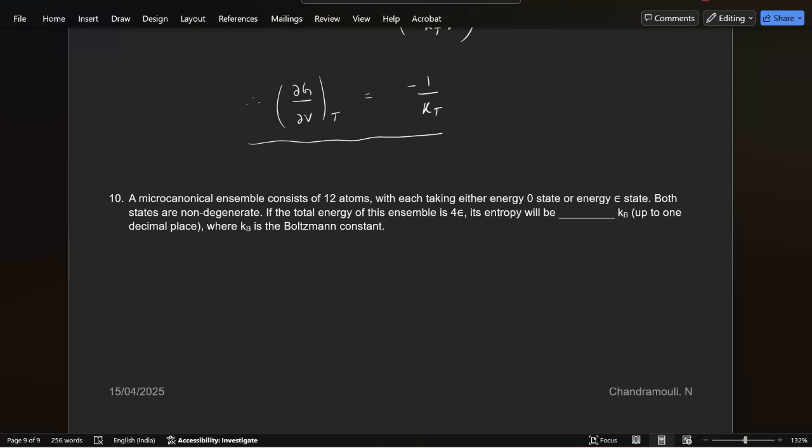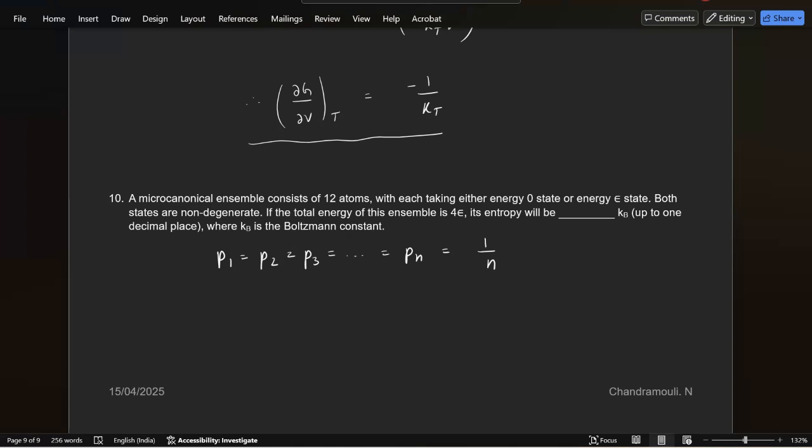All right. Because this is a microcanonical ensemble, let's say there are n number of states. P1 is equal to P2 is equal to P3, like that till Pn, is equal to 1 by n. This is the probability of all the states. All of them are equal.